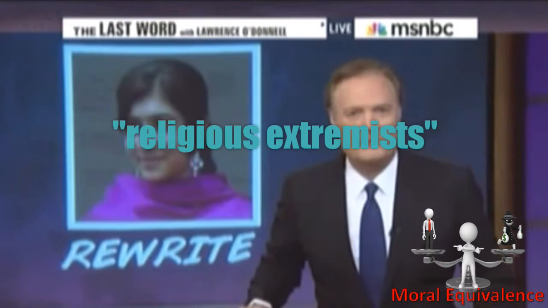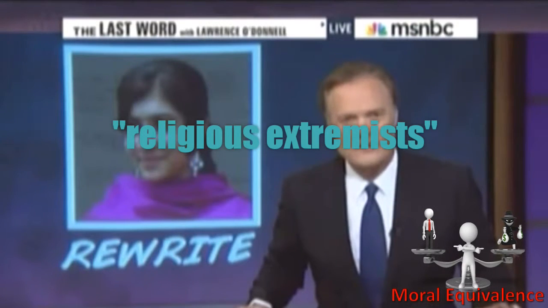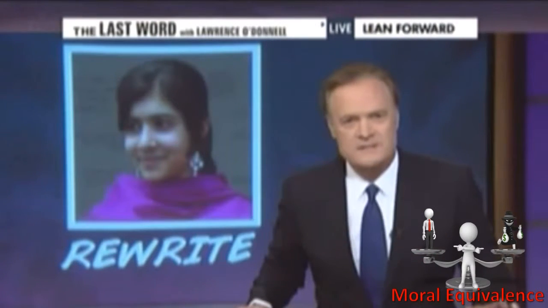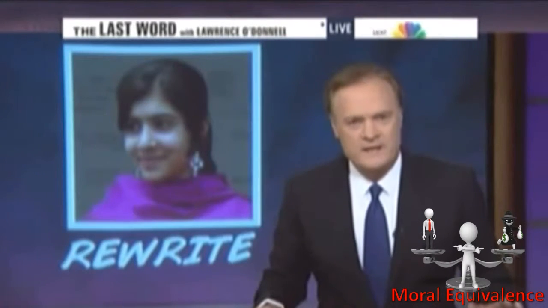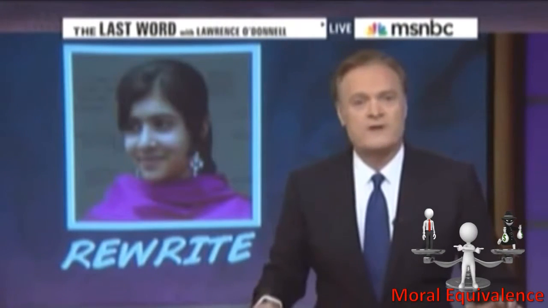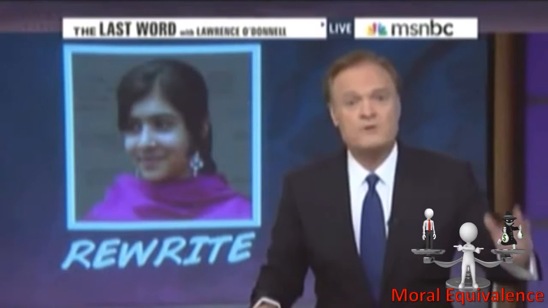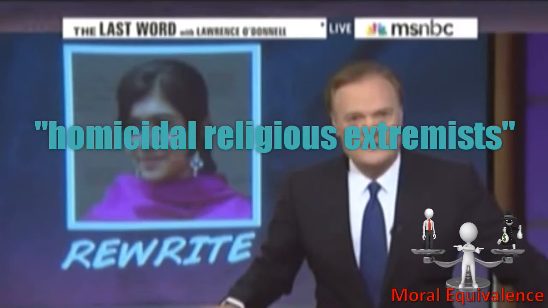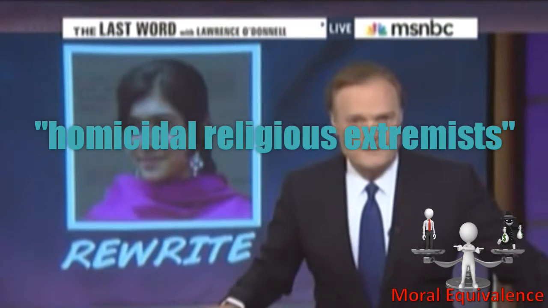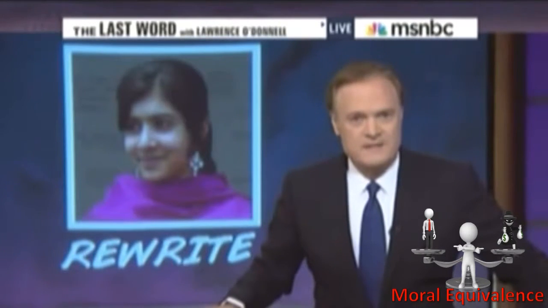Religious extremists planned to assassinate her on her school bus. The man who got on the bus and shot her and got away is no doubt very, very proud of himself tonight. His spokesman certainly is. Yes, homicidal religious extremists have spokesmen in Pakistan.